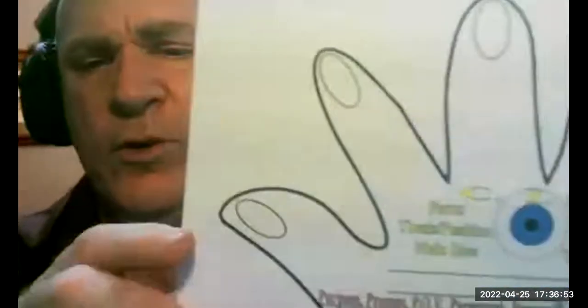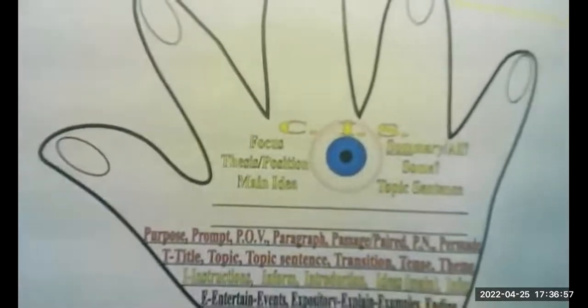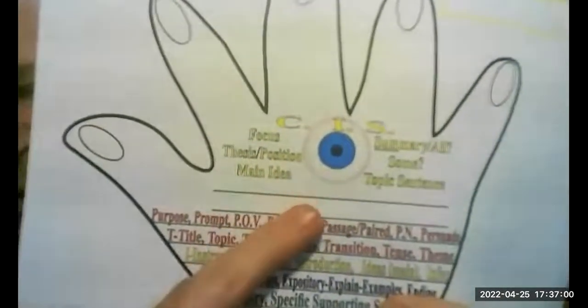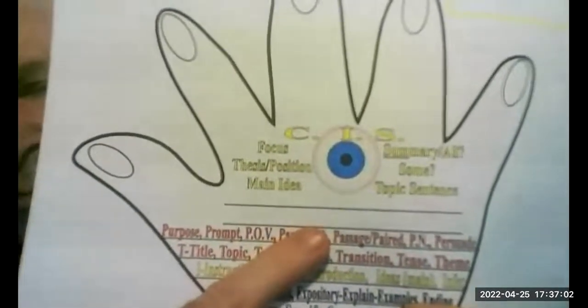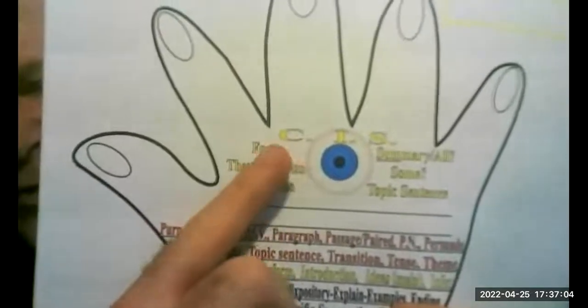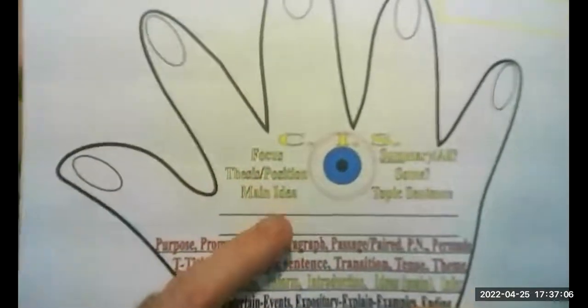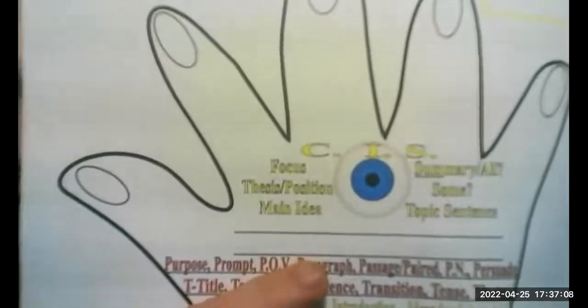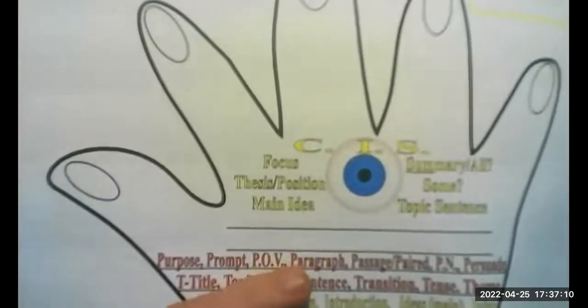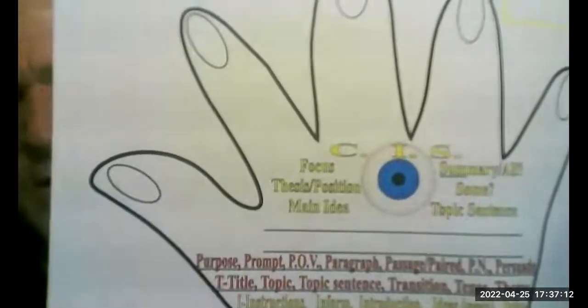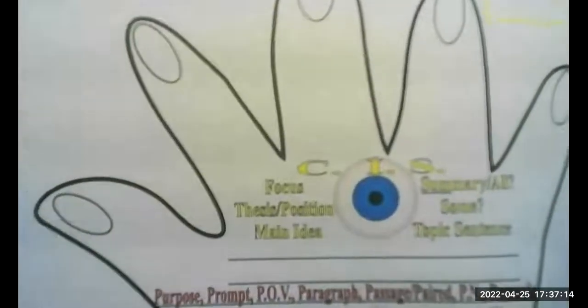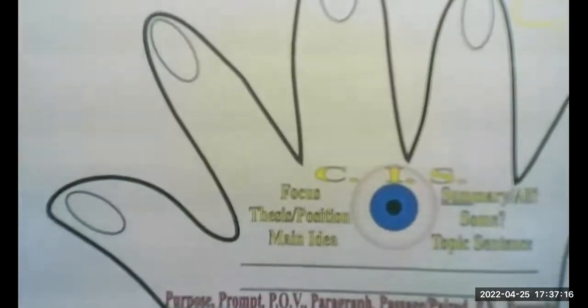When you look at a passage, at a selection, you see the eyeball there. What's the focus of this poem? What's the central idea or the controlling idea? What's the theme? What's the position? What's the thesis? Well, they weren't trying to convince anybody of anything.